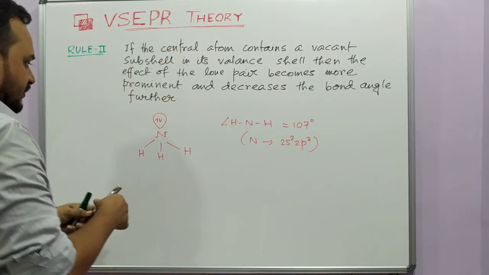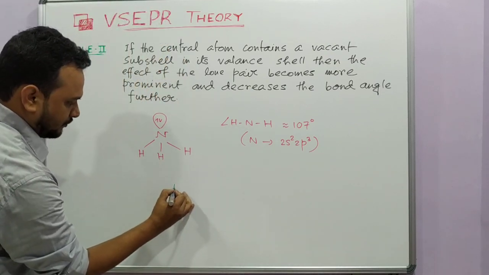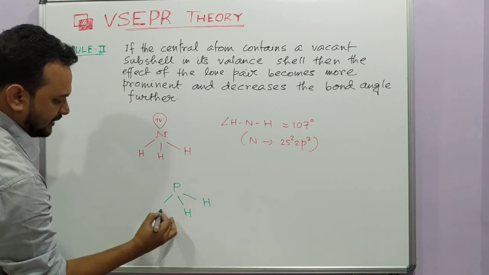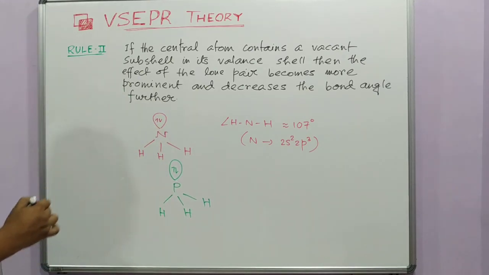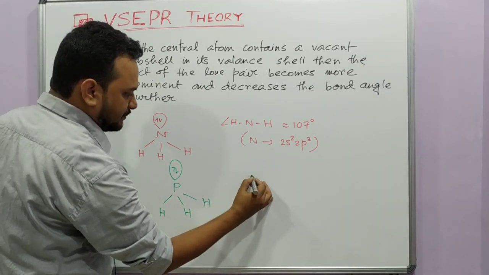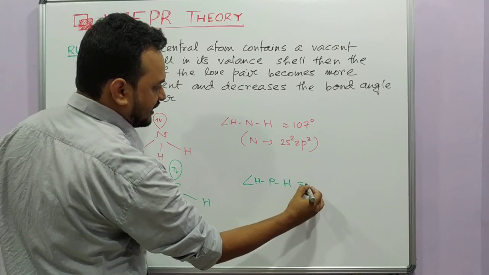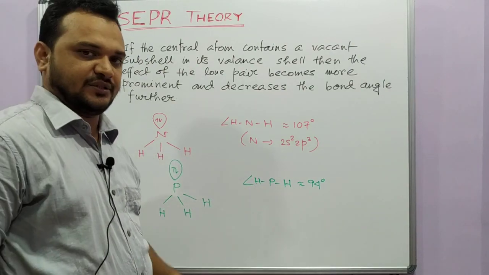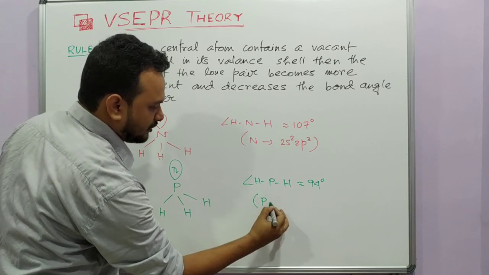Fine. Now if we take the molecule phosphine, PH3, an analogous molecule, because phosphorus is just below nitrogen in the periodic table, and in both these cases the covalency is 3. So this is the structure, one lone pair. But what is experimentally observed, the bond angle H-P-H, is around 94 degree. Too much deviation. Why? Now see the rule. What is the electronic configuration of phosphorus?